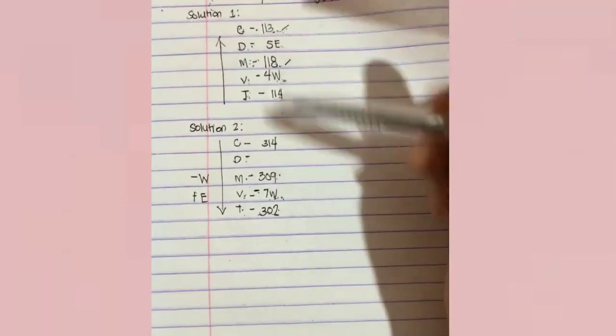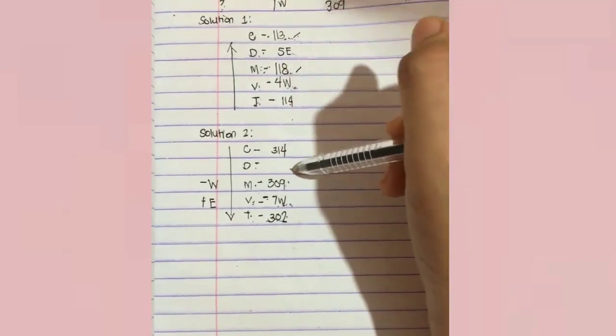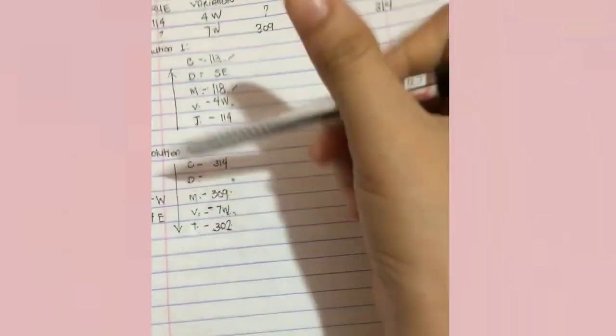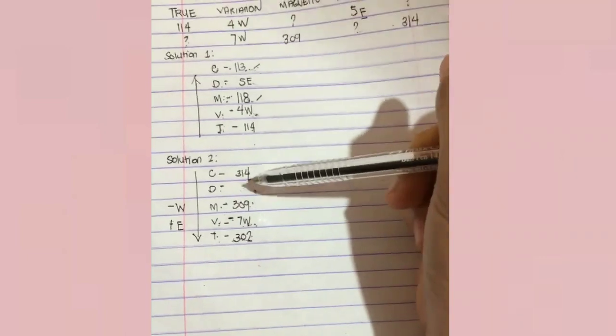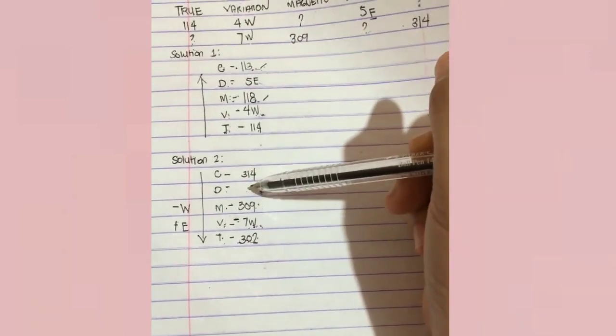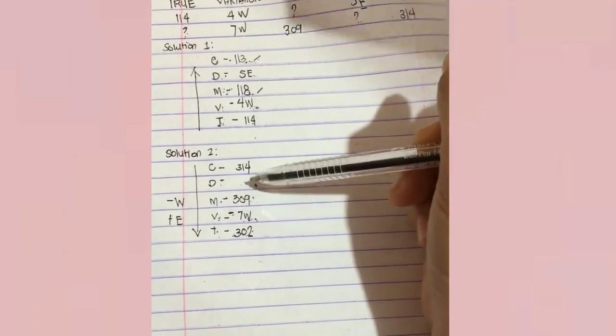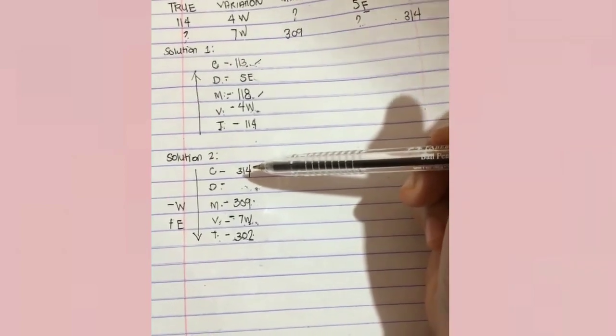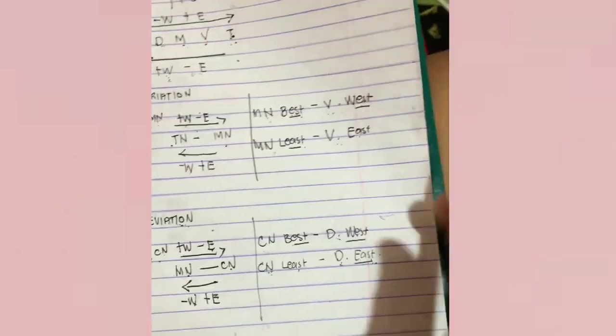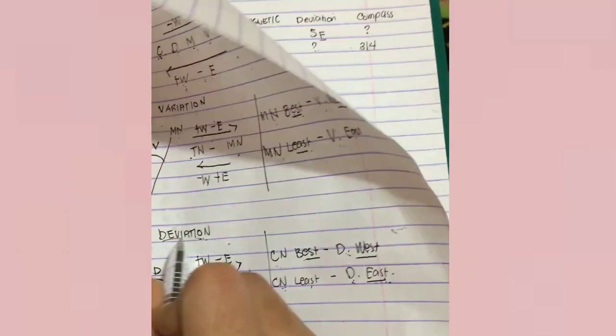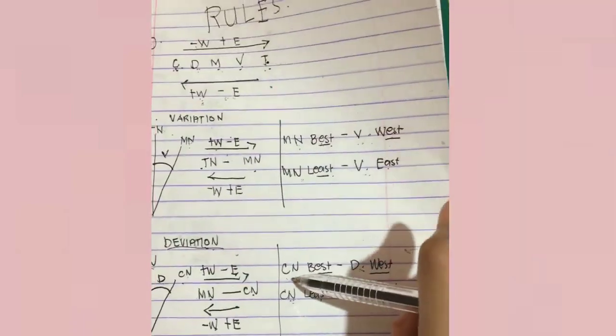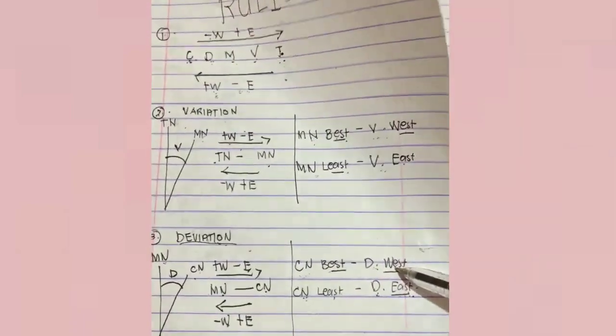Now let us calculate our deviation. In calculating the deviation, we should first identify if our compass north is greater or lesser than our magnetic north. As I have said, in calculating the deviation, if the compass north is greater, the deviation is west.